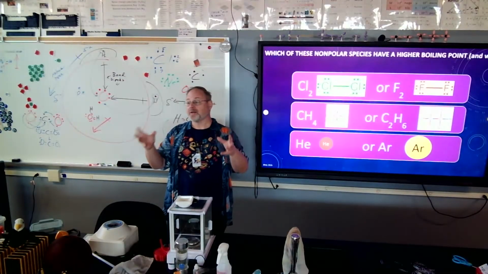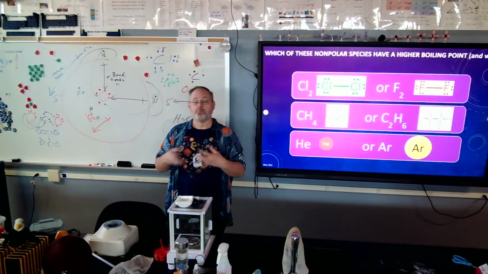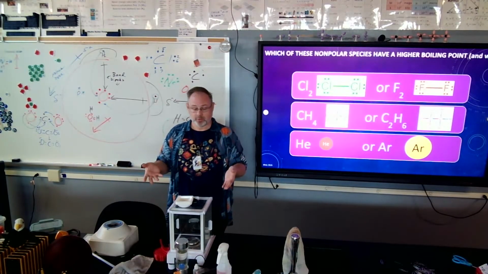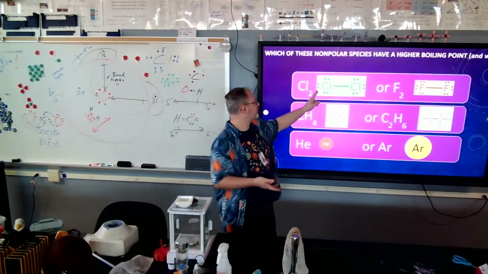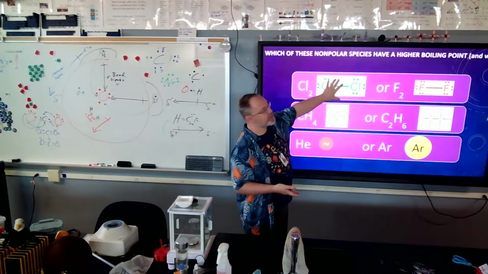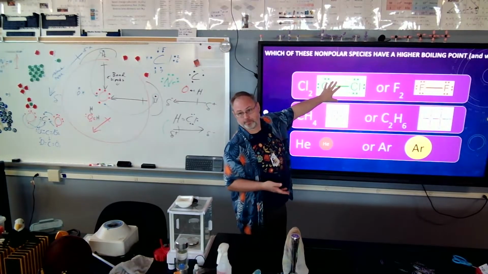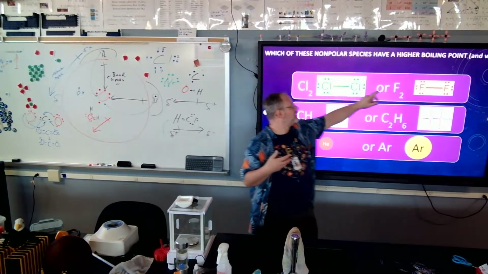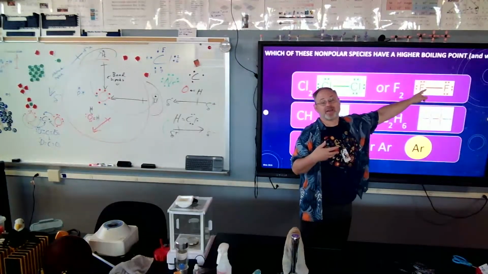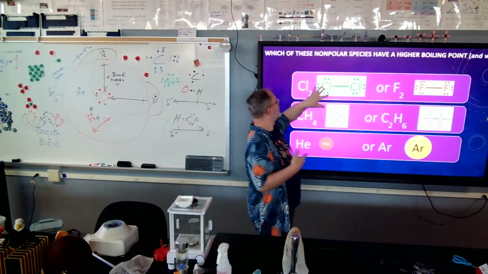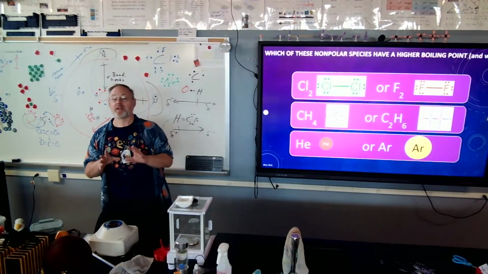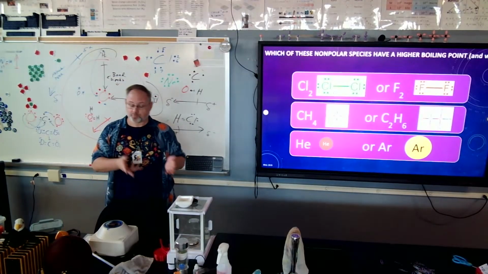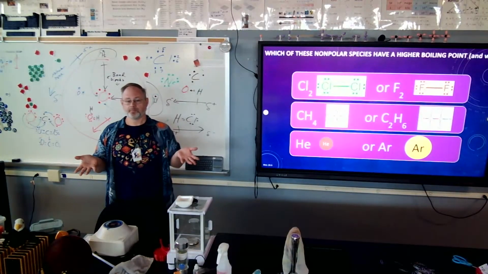So the bigger the electron cloud, the more polarizable the molecule is. Chlorine, being atomic number 17, has 17 here, 17 here, 34 electrons in the molecule. Fluorine has 9 and 9, so 18. So chlorine has more polarizable electrons, so it's going to have a stronger London dispersion force. Make sense? Other questions?